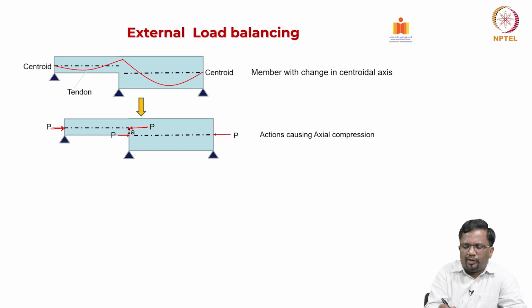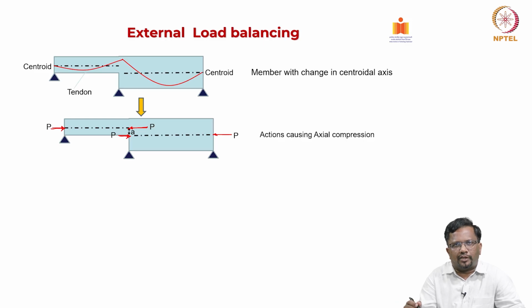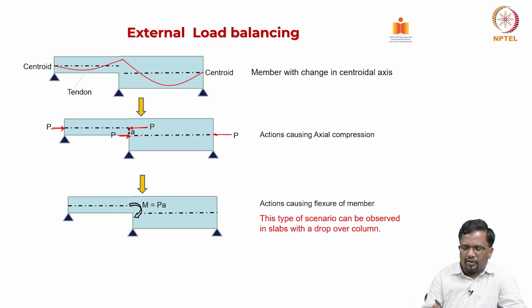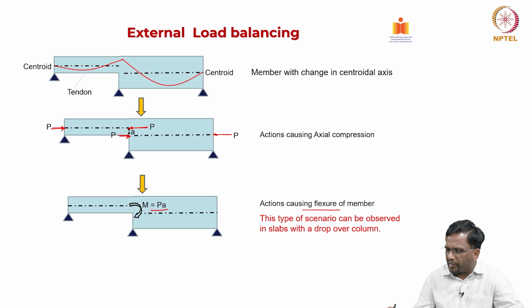Now, for the next element, the P will get shifted, right, and this is the way that I consider the axial effect. But of course, because of the change in geometry, you are also creating a moment that also has to be considered. That is considered by applying a moment like this, which is equal to P into A. This action will cause flexure of the member, and this type of scenario is observed in slabs with drop panels over the column, right.